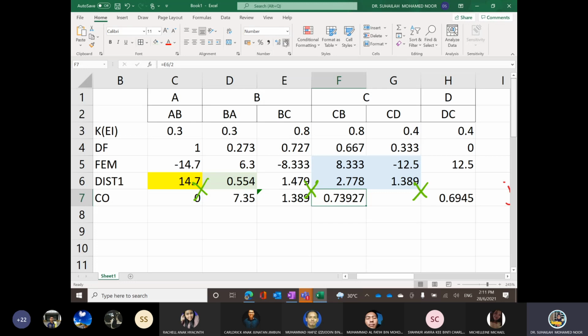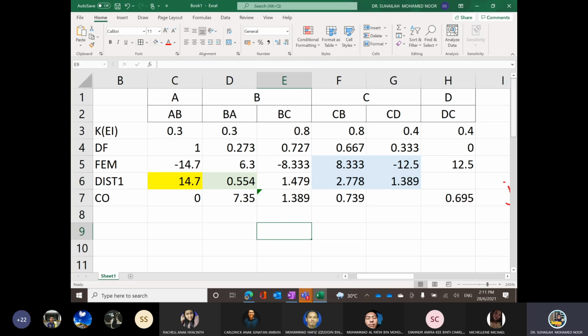Set to 3 decimal places only. Do you understand this one? Okay, these are actually the process.